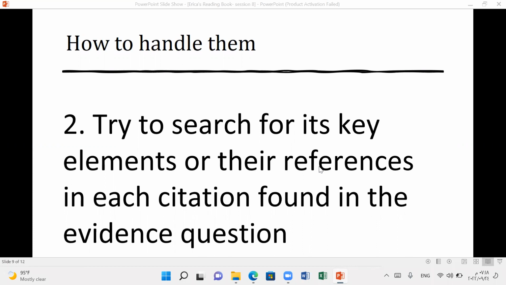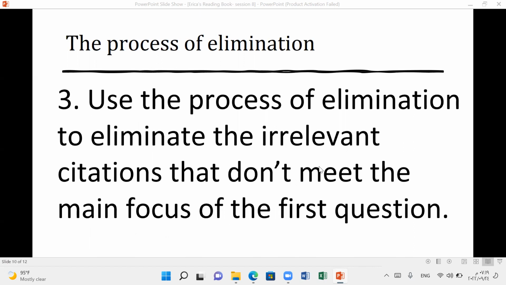So take care. Sometimes the citation will not mention the main elements directly. So you need to make sure that you are dealing with the best citation, the one that covers as many of the main elements as possible. Use the process of elimination to eliminate the irrelevant citations that do not meet the main focus of the first question.